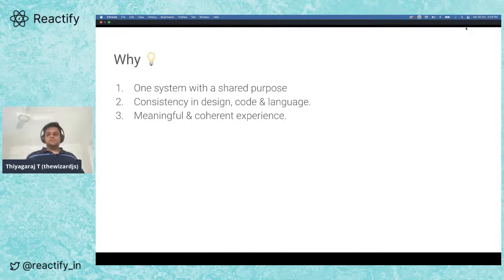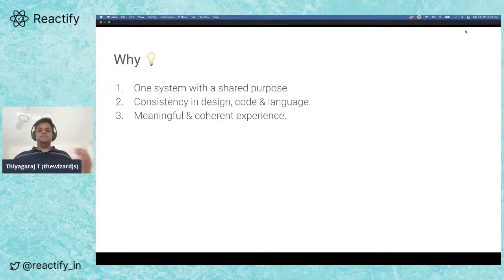So the first thing is, obviously we need to answer the question why. Why do we even really need a design system, or why do we need to invest development efforts into a design system? The first thing is, everyone wants to build a single system, right?